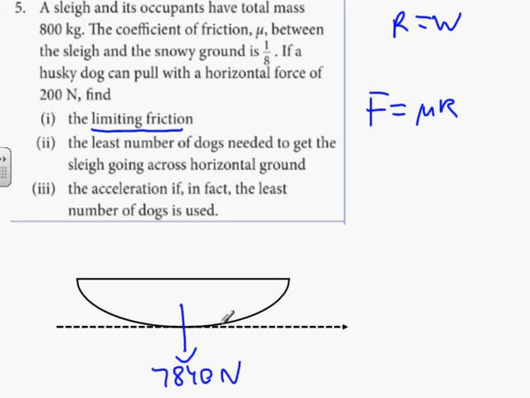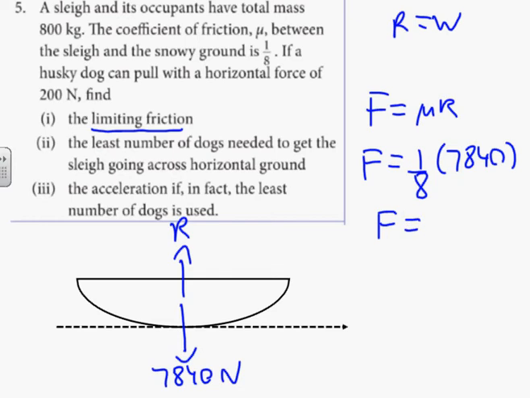So 7,840 newtons going directly down and your R value going directly up. R equals 7,840. Your F value therefore is 1/8 of 7,840. So what's 1/8 of 7,840? 980, thank you. 980 newtons.